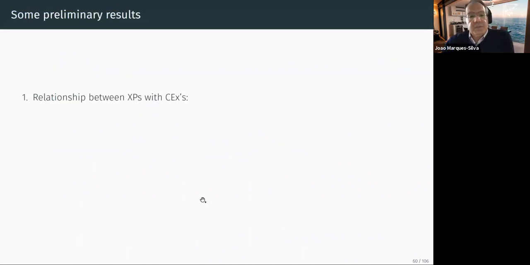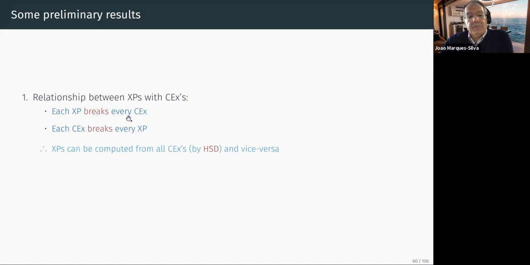What we proved in this paper last year was the following: every explanation breaks every counterexample, and every counterexample must break every explanation. This is the first part of duality. Because of this, we can compute explanations from the counterexamples by using set dualization, which I mentioned before, and vice versa, so I can compute the counterexamples from the explanations.